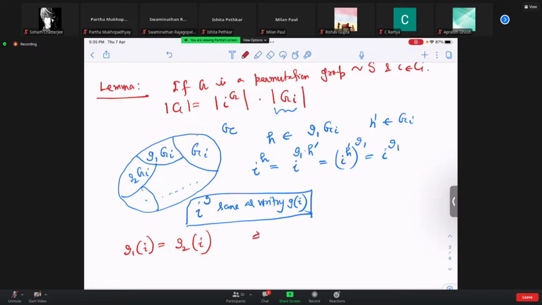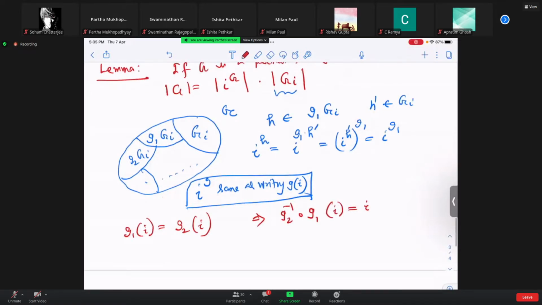That will mean that G2 inverse G1 will move I to I. That means G2 inverse G1 will be in the stabilizer of I, implying that G1 is in the coset generated by G2 of the stabilizer.